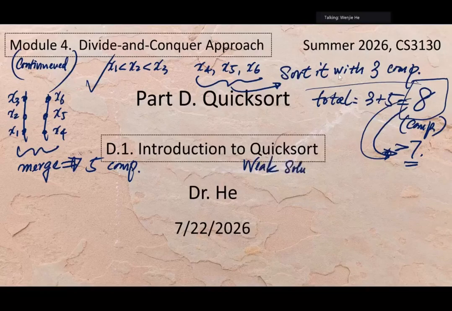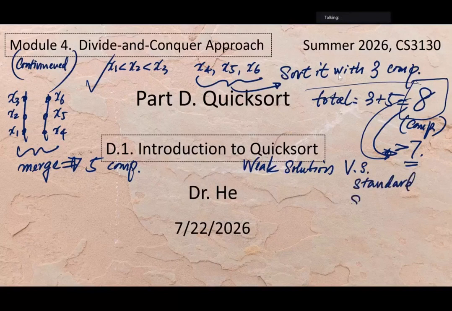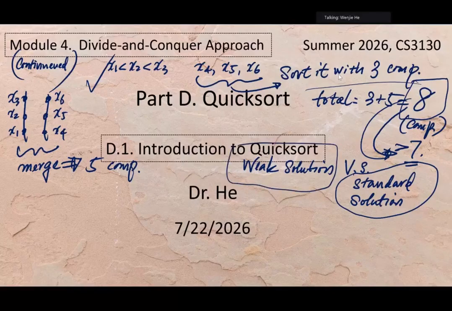Because in your homework assignment number 2 and final, you may have a situation where the standard solution could be very hard, then you just target the weak solution.